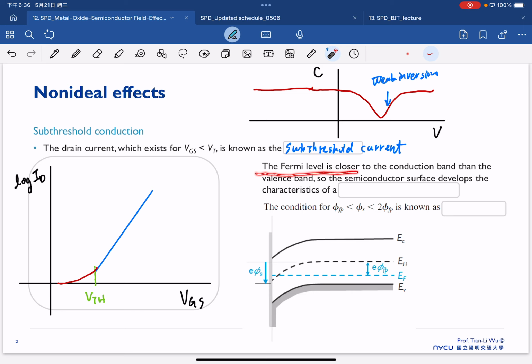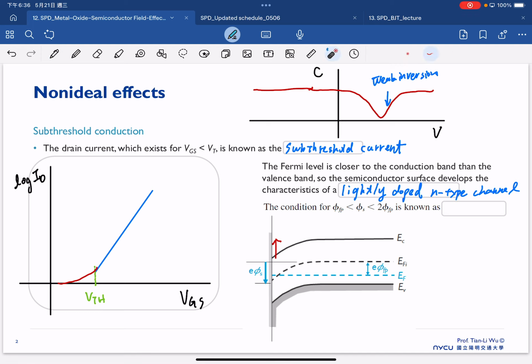So the Fermi level is closer to the conduction band than the valence band. This is a condition where our VG is still smaller than the threshold voltage, but the Fermi level is already close to the conduction band rather than the valence band. So the semiconductor surface develops the characteristic of a lightly doped N-type.